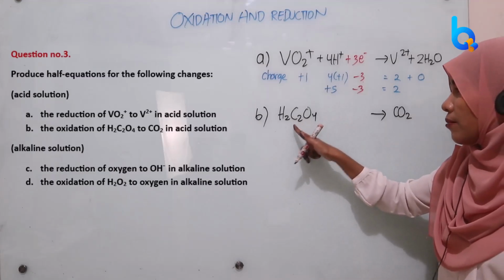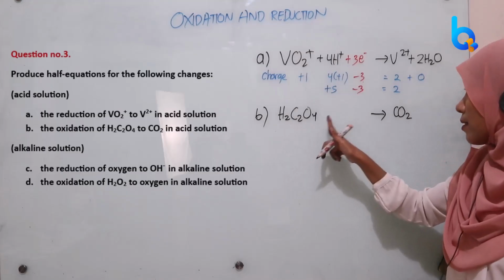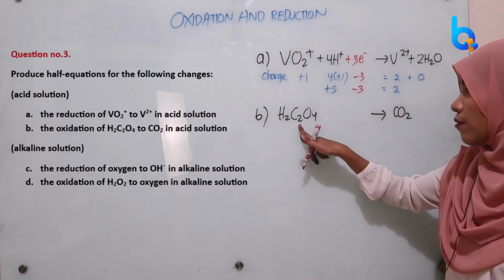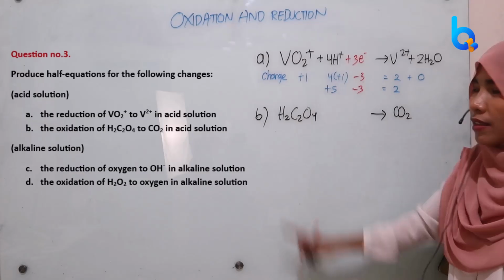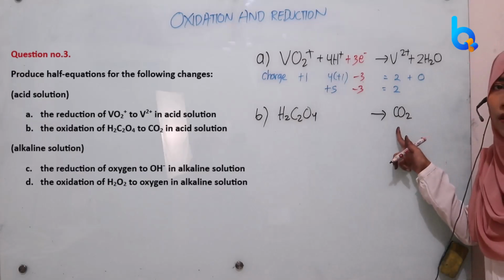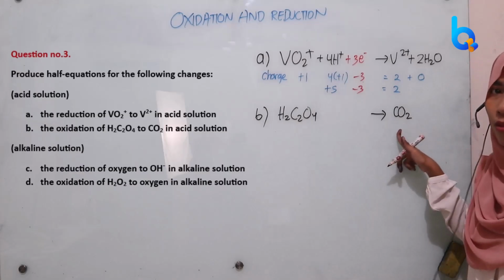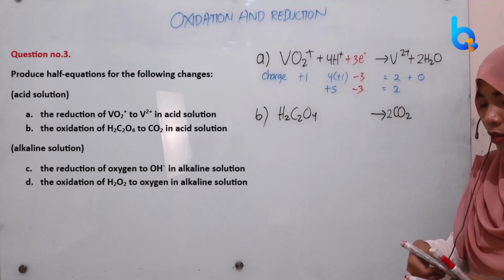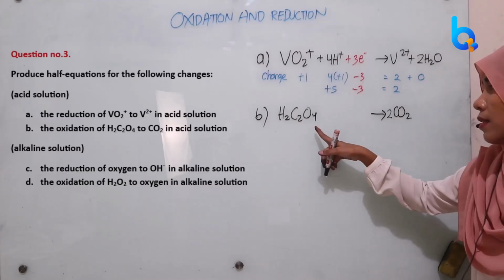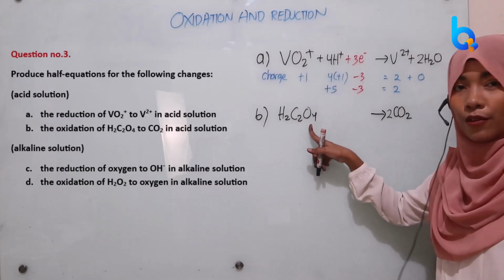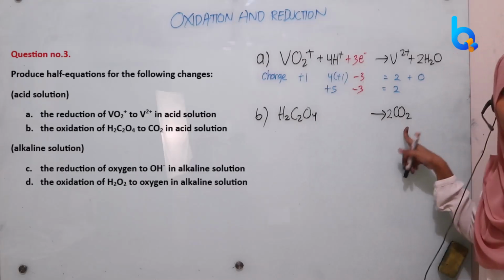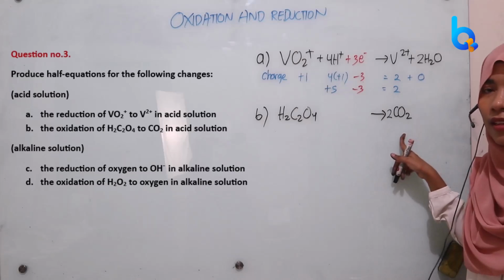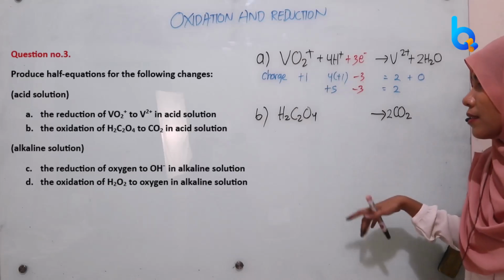That element is the C. We have 2 carbon on the left side, but only 1 carbon on the right side, so we make 2 on the right side by multiplying by 2. Next, we check the oxygen number. Here we have 4, here we have 4, so already balanced. Just leave it like this.